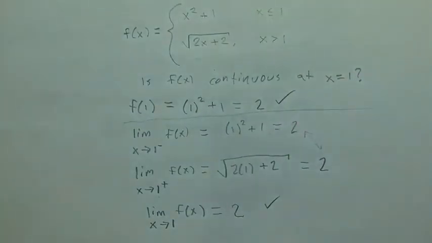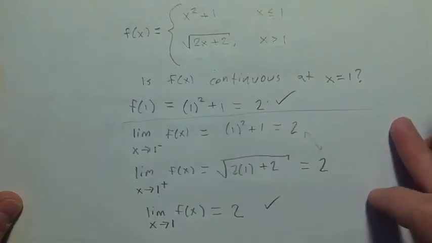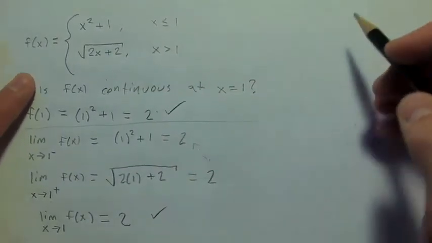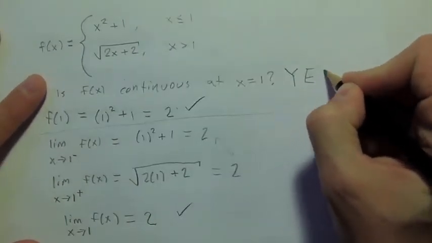And now, what's the final condition? Well, the final condition is that the limit and the function value must match. And do they? Well, yes, we got a 2 here, we got a 2 here. So, is f of x continuous at x equals 1? Yes, finally, we get a yes.